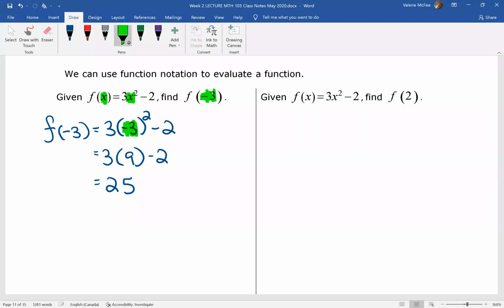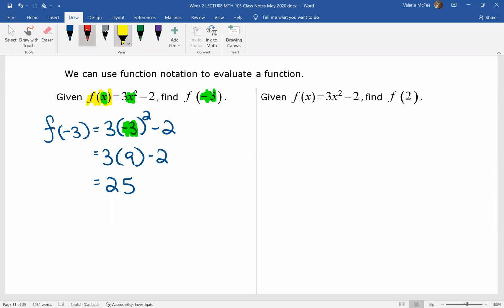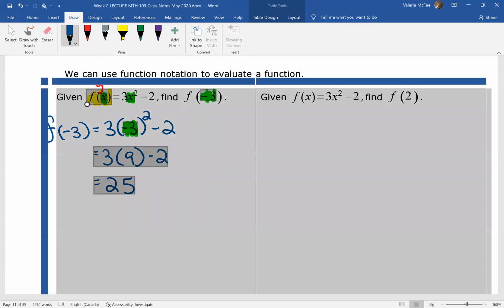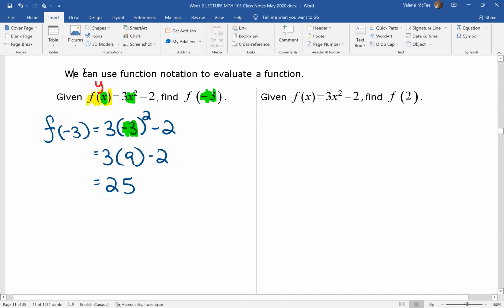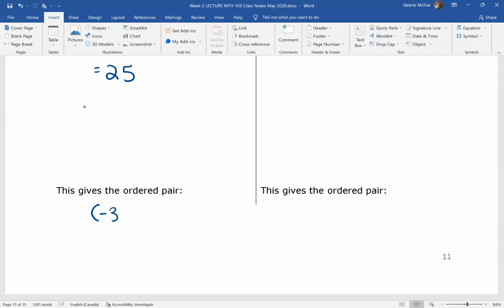Remember what we said about the f of x. The f of x was replacing y. So we have an ordered pair again. When x is -3, the f of x is 25.